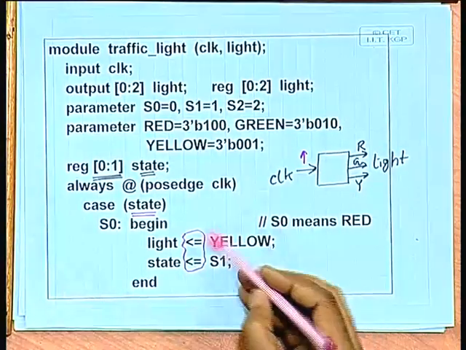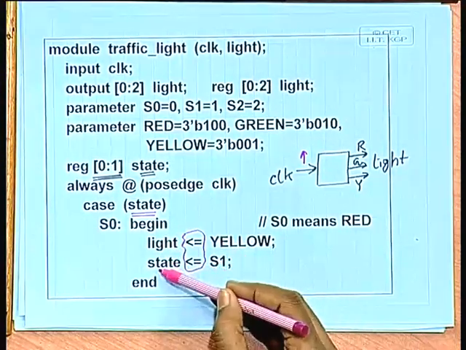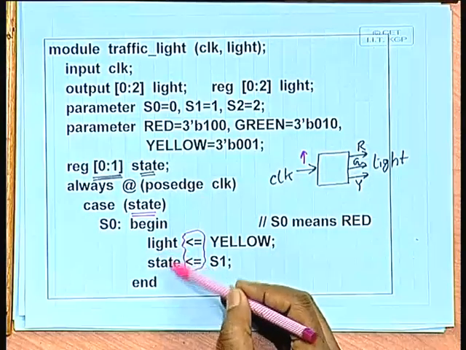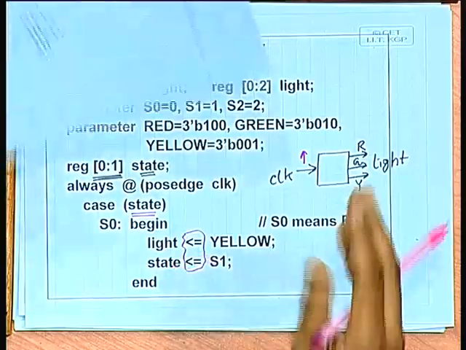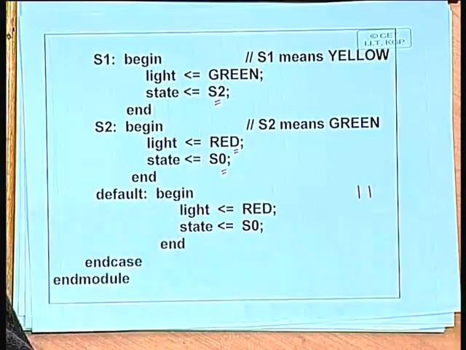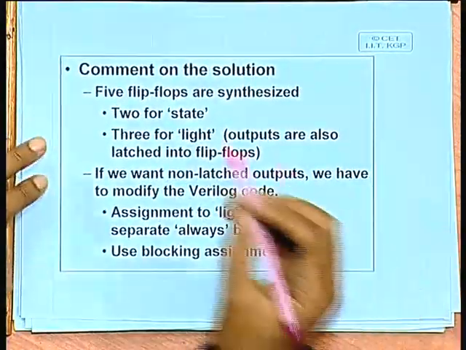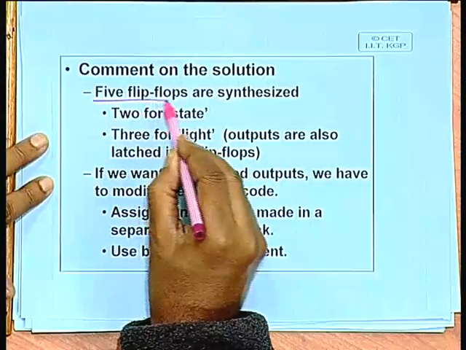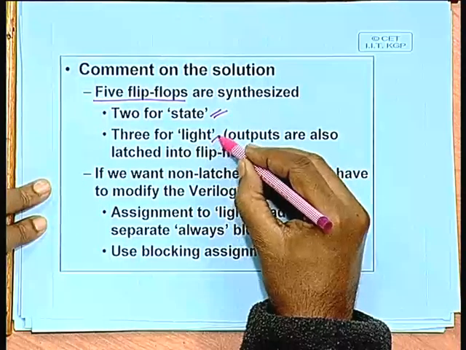This will imply that the light and the state, these variables where we are storing the values, will be synthesized as registers, as flip flops. So, this solution will have the following characteristics. There will be 5 flip flops which will get synthesized, 2 for the state variables and 3 for the lights.